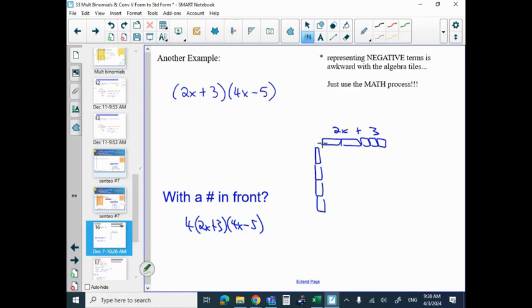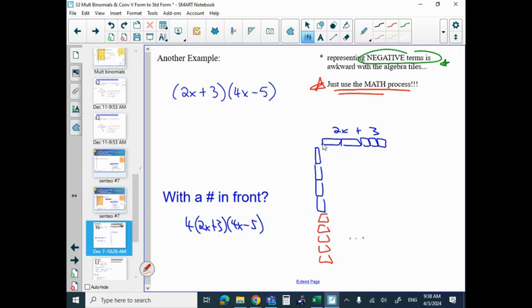We could try this, right? But the negative term stuff, you might have seen that they talk about having different colored tiles that combine with positive tiles to disappear, and it's just not worth it. Okay, so the negative tiles here, it's just not worth it. We already see that this works, so we're just going to use the math process.